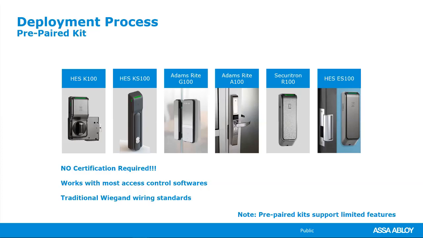Second, we have the KS100. This is a server cabinet lock. Many times you go into an IT closet, and more now that multiple companies and multiple departments are using the same server rack, you want to make sure that people are only focused on where they should go.